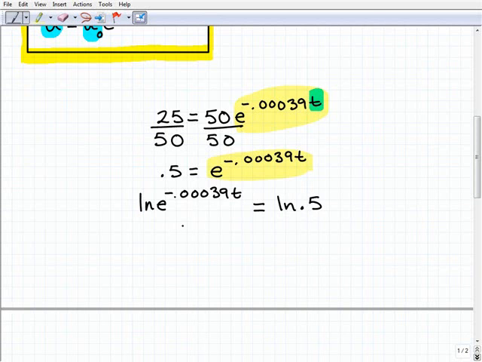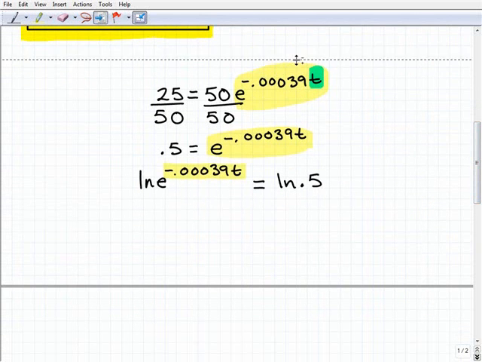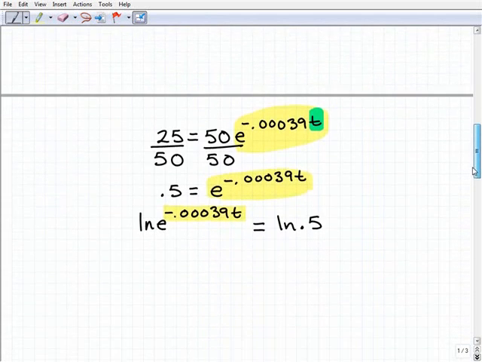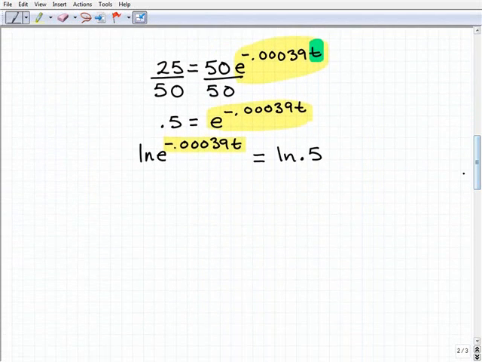Once I've done that, of course, I can drop down this power. Let's move this down here a bit. Once I've done that, I can drop down this exponent using the power property of logarithms.